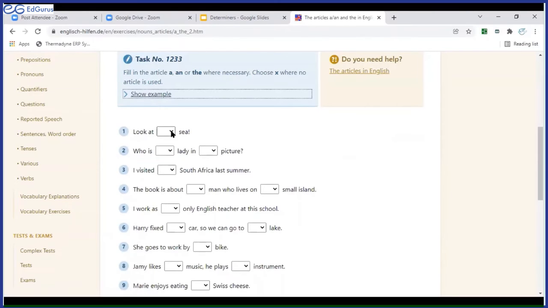Yes, ma'am. Now you decide. Ma'am, look at "a sea". Do we ever say "a sea"? No, ma'am. Sea can never be used in singular form. Do remember, "a sky", no, we never say "a sky".